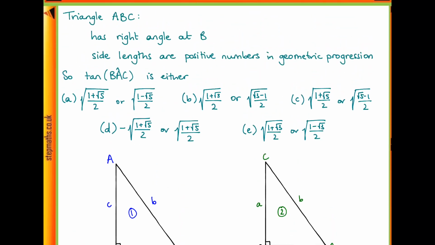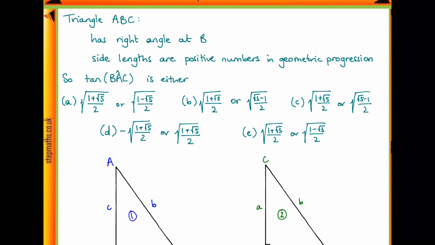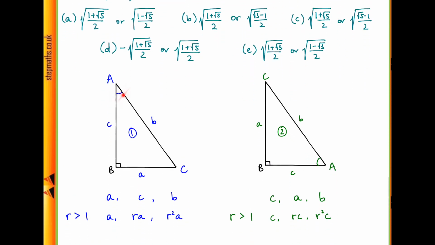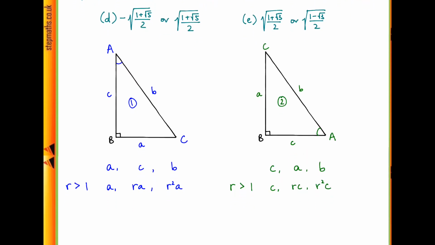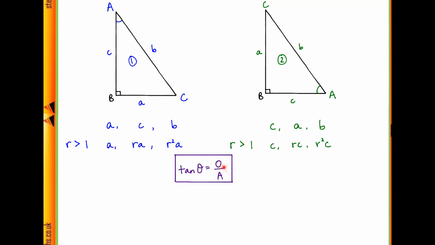And now we're interested in tan BAC, which is the angle at A. So that's this one up here and this one down here on the second triangle. And what's the formula for tan? That's just the opposite side over the adjacent side. So in both cases, that will be little a over little c. But because of the geometric progression, we also know a and c in terms of each other, right?